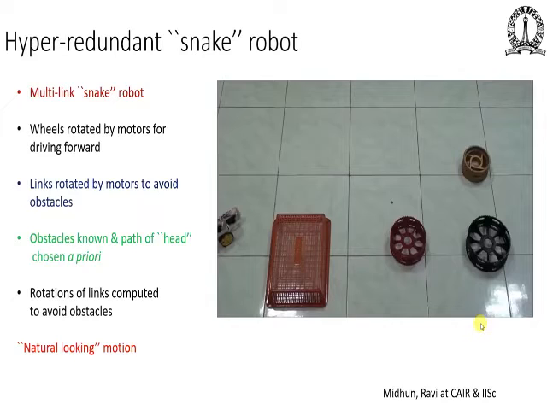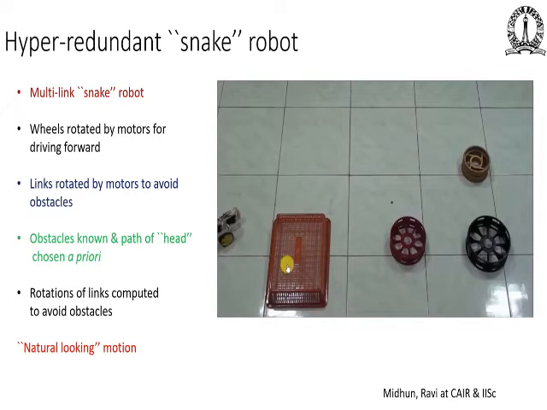So we compute the motion of the robot using this Tractrix algorithm, which I have discussed earlier, or we will discuss later. So it makes sure that the robot avoids all these obstacles. So in this case, this is moving on the floor, and these are some obstacles which have been put there.